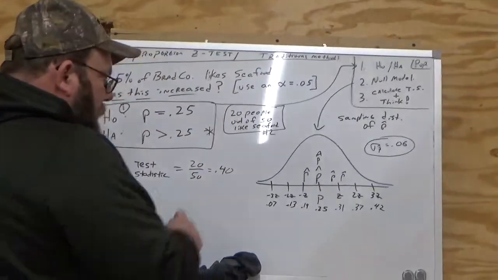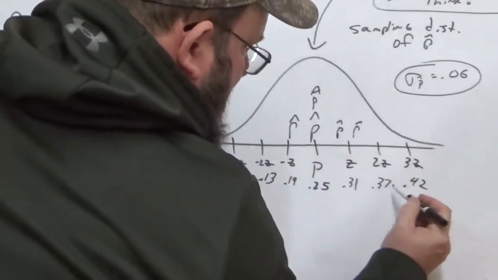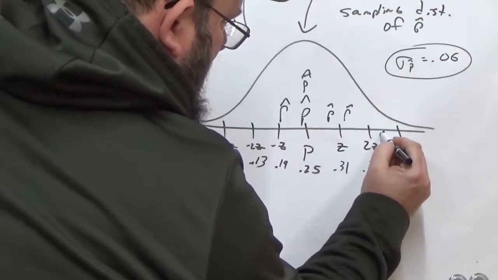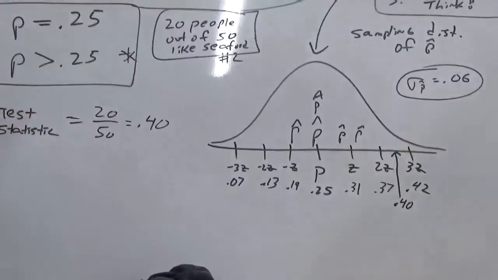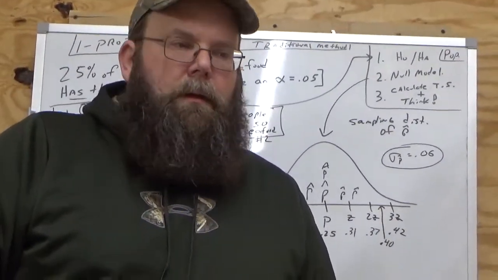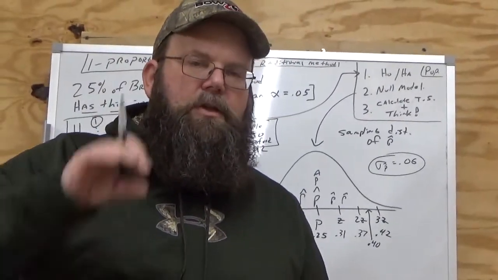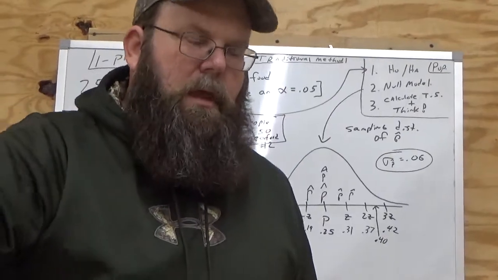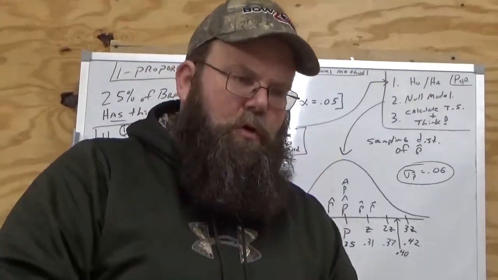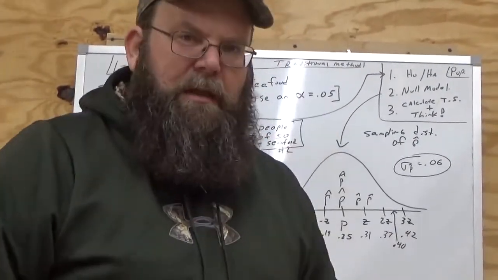So, where does 0.40 fall on here? Well, 0.40 is right in here. So the basic logic here is this: is our test statistic so extreme that, if we assume the null hypothesis is true, it must have changed?